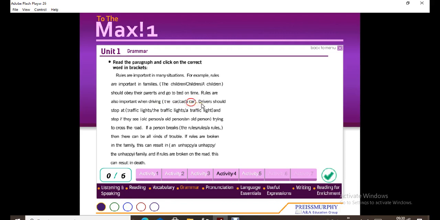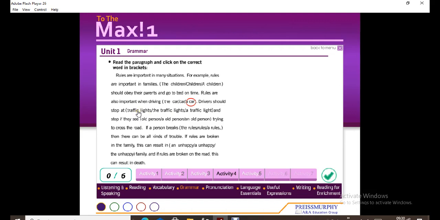Now, drivers should stop at traffic lights, the traffic lights, a traffic light. Now, there are many traffic lights and I'm talking about it for the first time, and here it is plural.